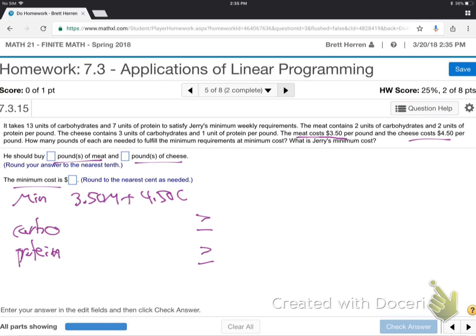Meat and cheese are our variables. Yeah, so remember those other ones we set up. Meat and cheese are our variables. Carbo and protein is what they're speaking about. Let me give you a minute, see what you can straighten out. We've already got meat and cheese up there, so then I put carbo and protein. See what you can do there.